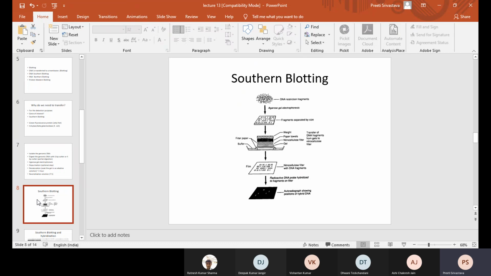Point number two, even if a little bit of DNA gets transferred, the next part after Southern blotting is that you need to do hybridization. For hybridization you need single stranded DNA, because this is going to be DNA hybridization.